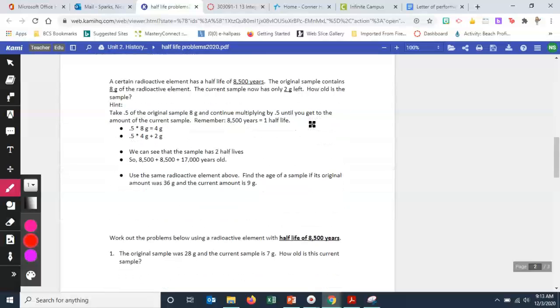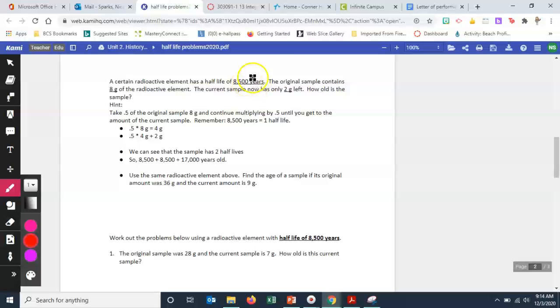Let's look at it vice versa, the other way around, meaning that I give you the actual ages of things and then we have to go back and figure out, well, I give you the grams and you have to figure out the age. So this example says a certain radioactive element has a half-life of 8,500 years. So every 8,500 years, a nuclei is released into its atmosphere.